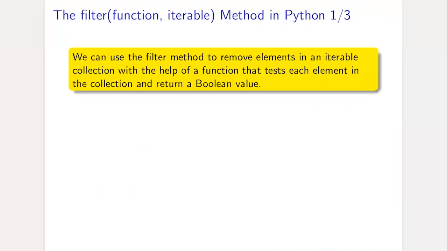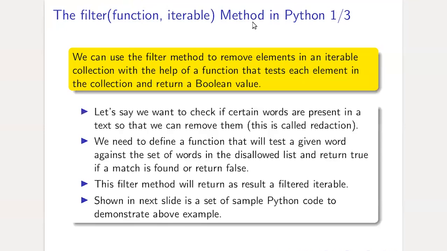Let's look at this method, which is filter. Filter is to essentially test a list against a particular property. That particular property we pass as a function, and then we pass an iterable. I'm using this term iterable all the time, because list is only one type of iterable, so you can pass any other type of iterable data structure also.